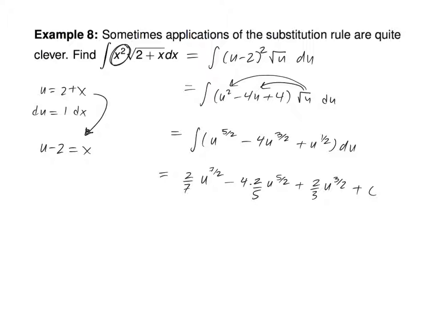I dropped a 4? Oh, shoot. There's a 4 right there, right? And there's a 4 right there now. Okay, thank you. So it's 2/7 times 2 plus x to the 7 halves, minus 8/5 times 2 plus x to the 5 halves, plus 8/3 times 2 plus x to the 3 halves, plus c.